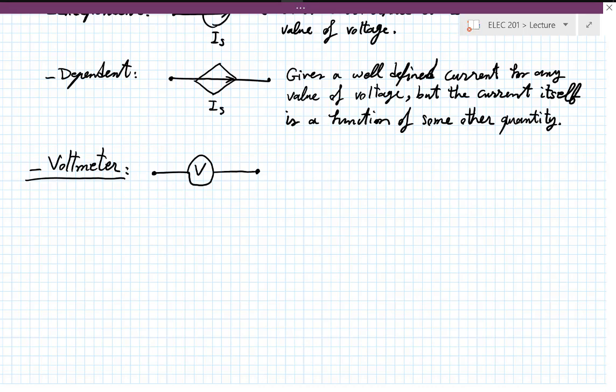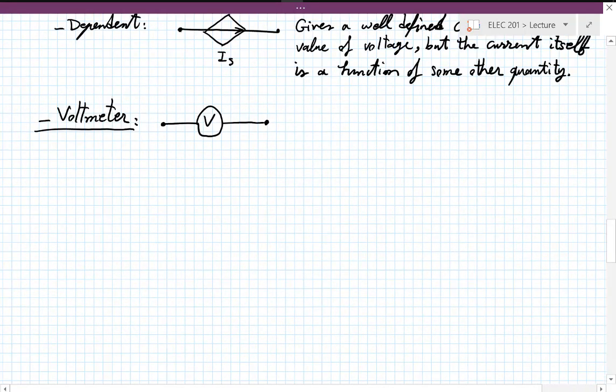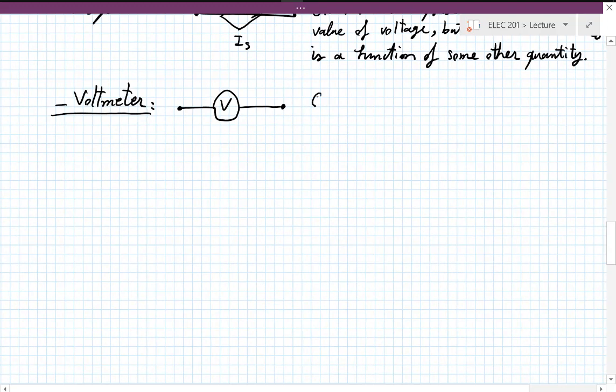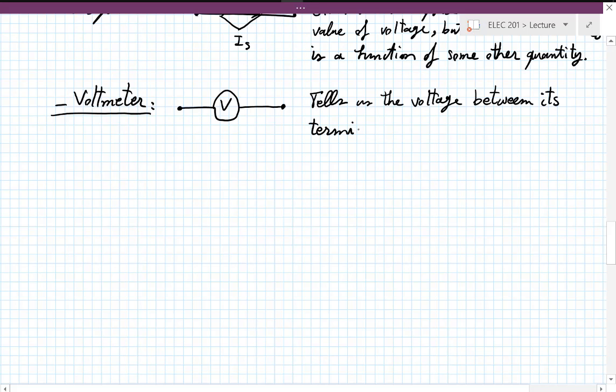So a voltmeter tells us the voltage between its terminals without affecting the circuit.